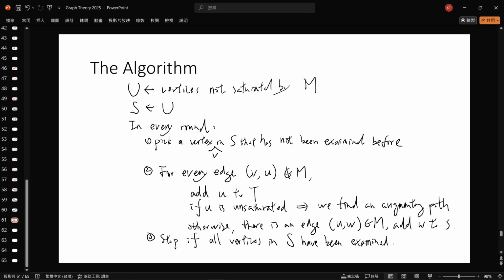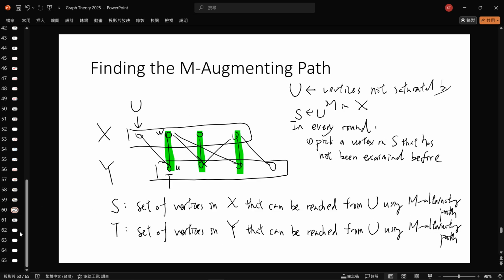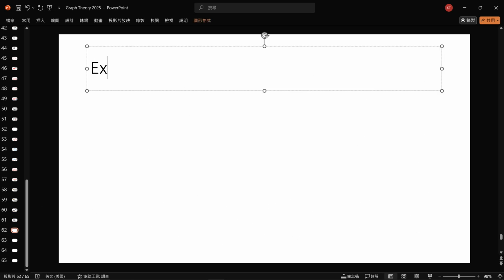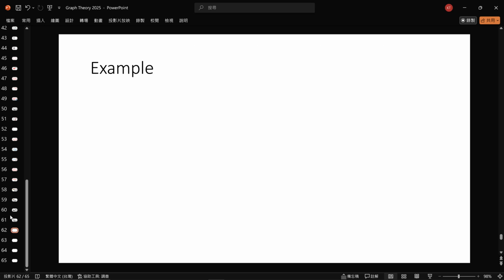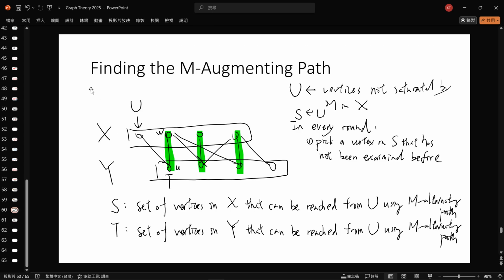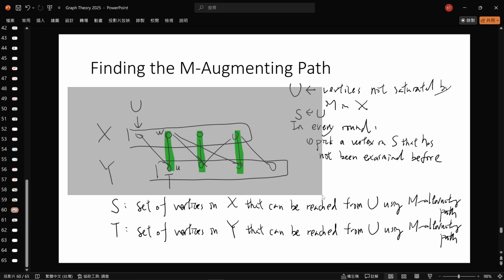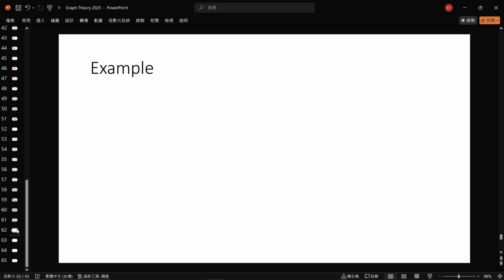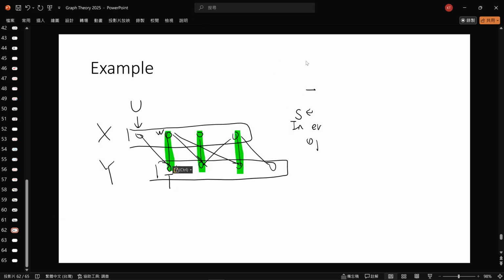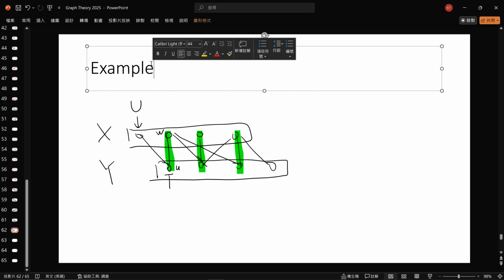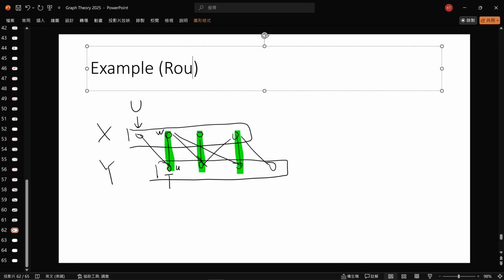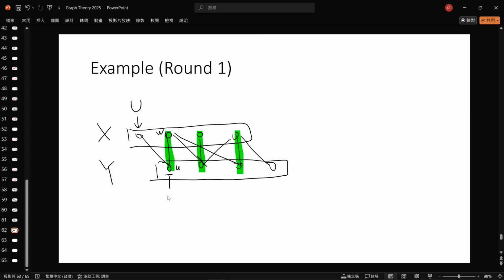So let's apply this algorithm to the previous example. Let's see round 1.